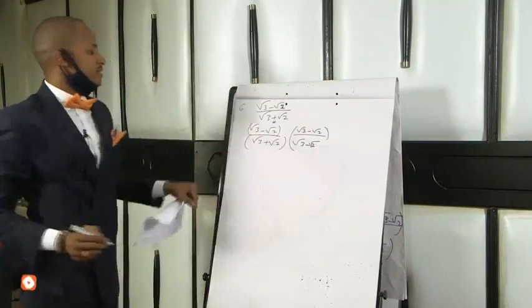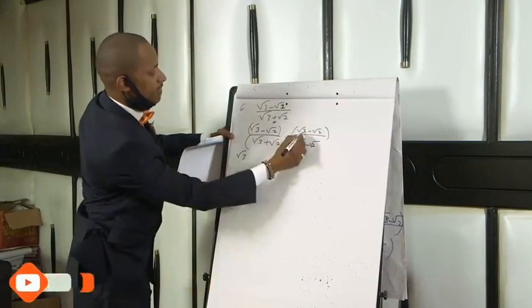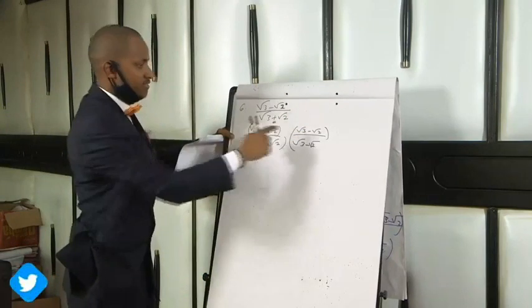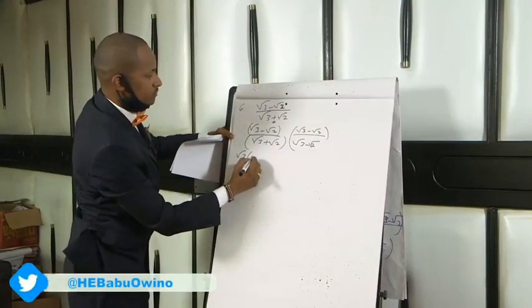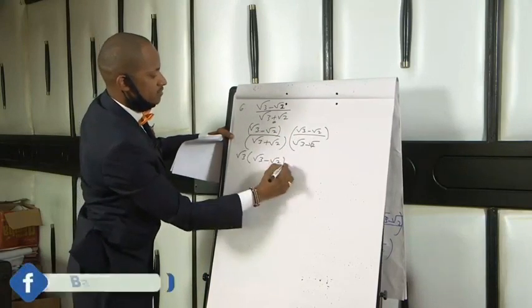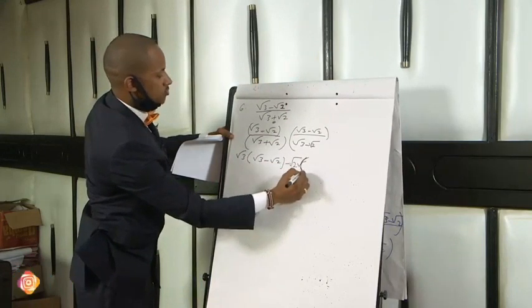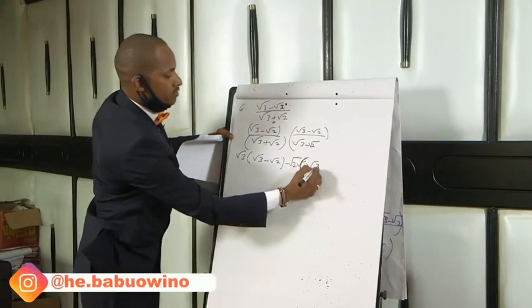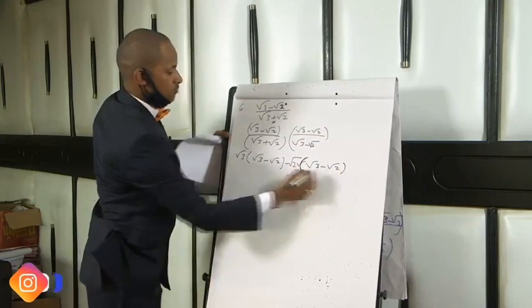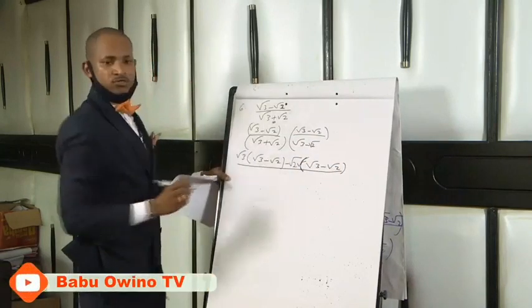Then you expand this. In expanding this, we have root 3 times what's on the other side of the bracket, root 3 into root 3 minus root 2. Then again minus root 2 into root 3 minus root 2. Then you divide by the denominator, which you also expand.